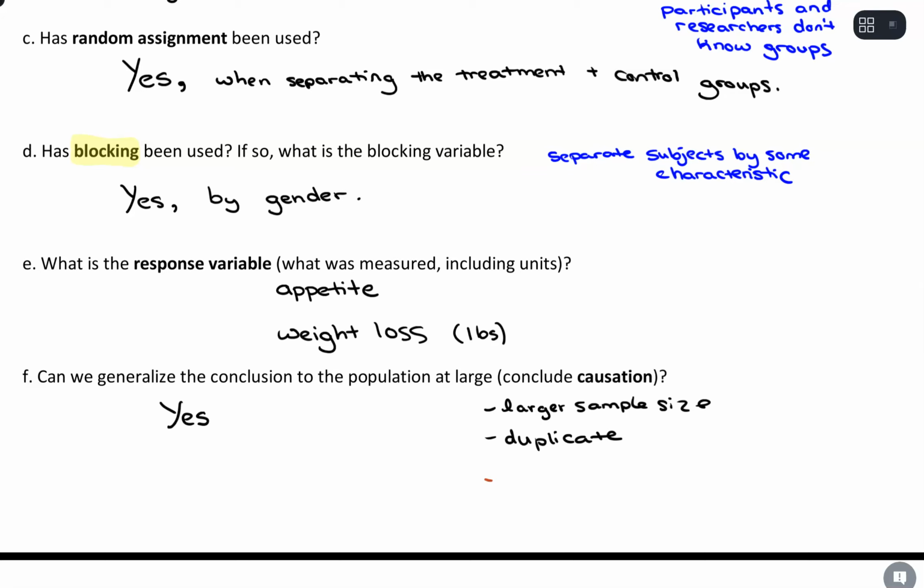Something we might want to be careful of, like they mentioned, these were all volunteers. It's hard to not have volunteers, but there could be voluntary bias for taking part in this study. Who knows what lurking variable that could be introducing. But really, with the formation of this experiment, yes, we can generalize to the population with this sample result, which could lead to claims of cause and effect.